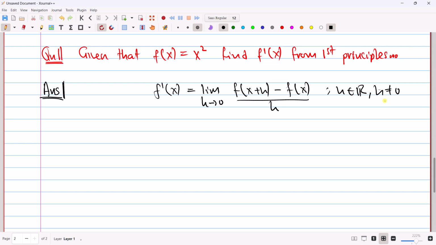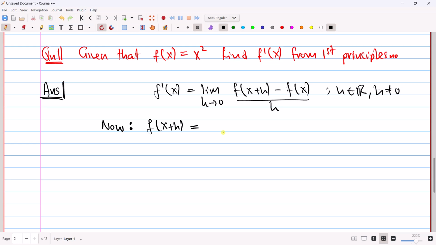So that's what we want to do now, to find the gradient from this definition. Now to proceed, there are certain things that we have to know first in order to use that definition. And the first of that is to find f of x plus h.